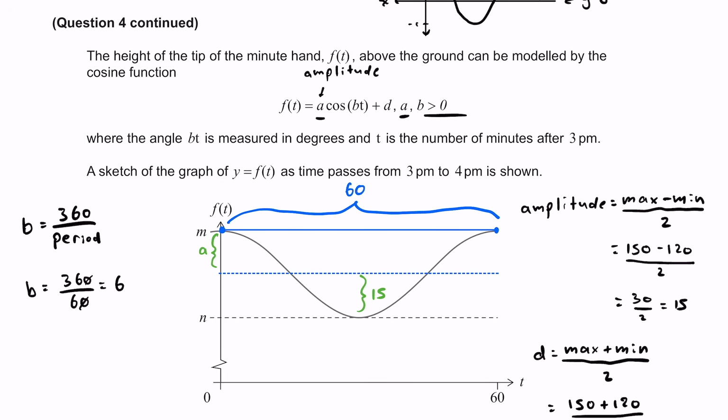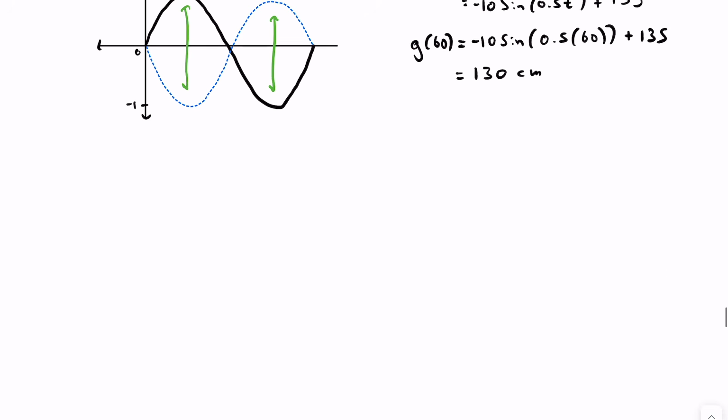And f of t tells us the height of the minute hand above the ground at any particular time, again starting after 3 p.m. So essentially, if we want to find the time in which the height of the minute hand is equal to the height of the hour hand, we should be able to set f of t equal to g of t, because both f of t and g of t tell us the height of each of these respective hands. So let's go and do that.